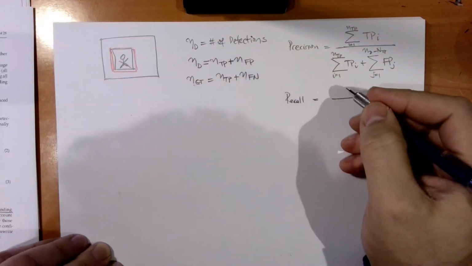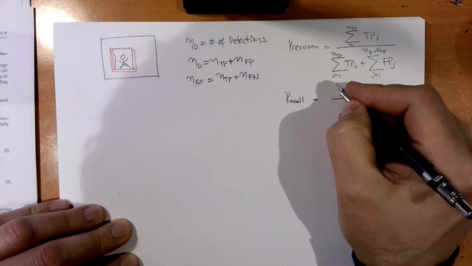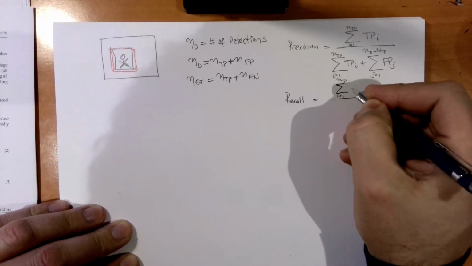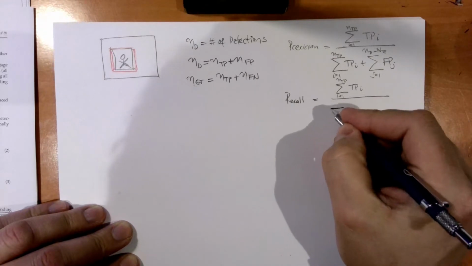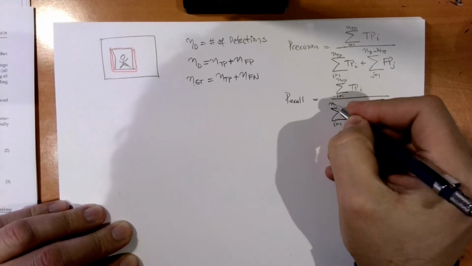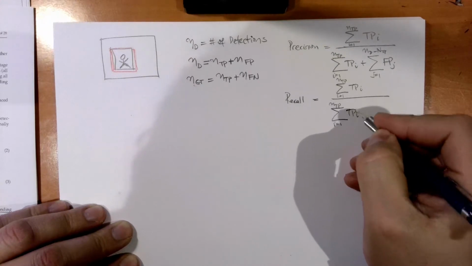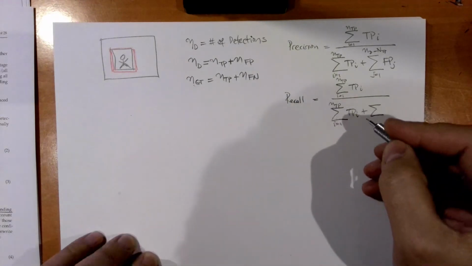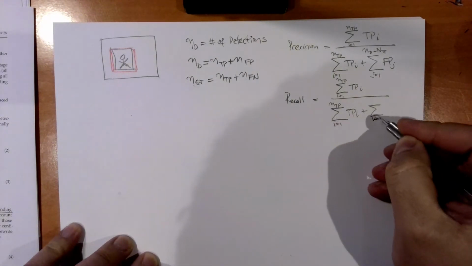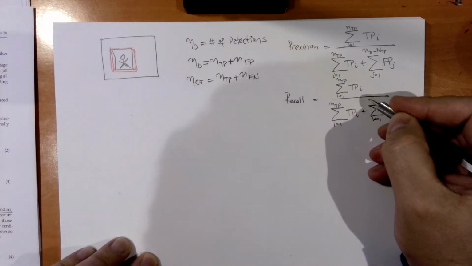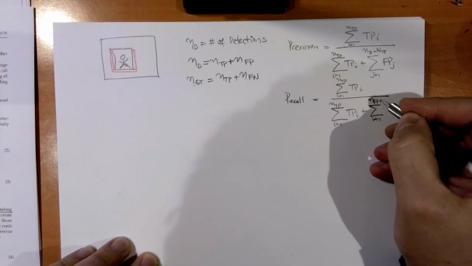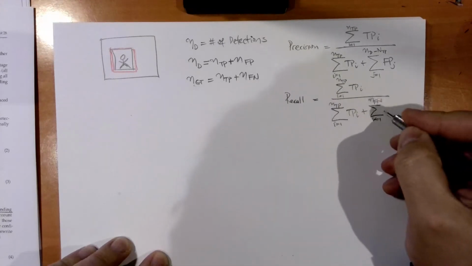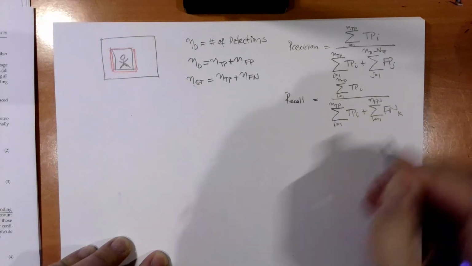So now we actually have again the same numerator, the summation from i equals 1 to N_TP of TP_i, divided by the summation from i equals 1 to N_TP of TP_i plus, now for that we use the k index, k equals 1 to N_FN, the false negatives, where N_FN is N_GT minus N_TP, of all the negative events.